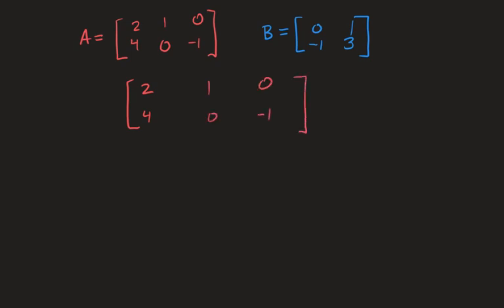But the issue here is that you would do plus 0, plus 1, minus 1, and 3. But on this side, there's nothing for you to add. So whenever you have a matrix like that, we cannot add them. So we're going to say that they're undefined.